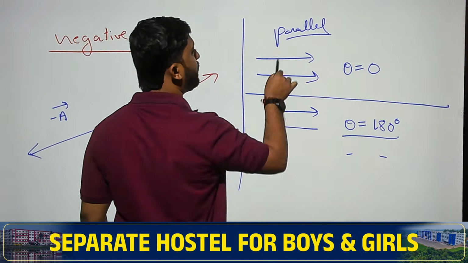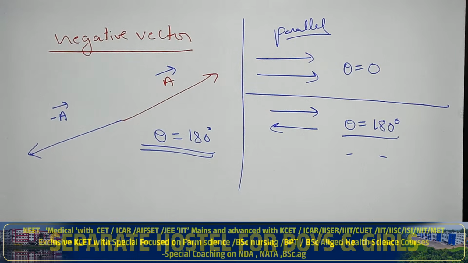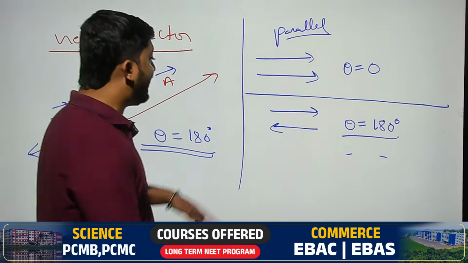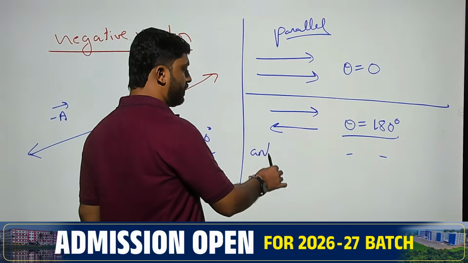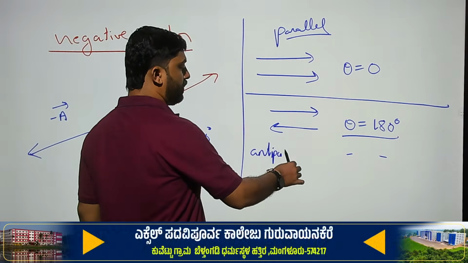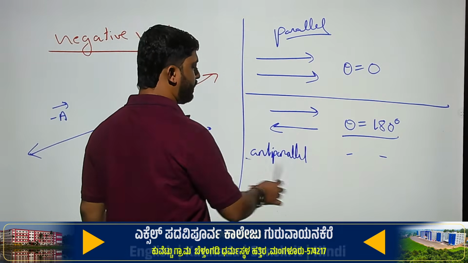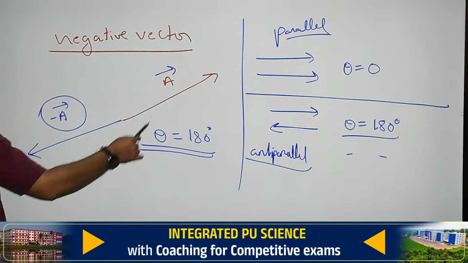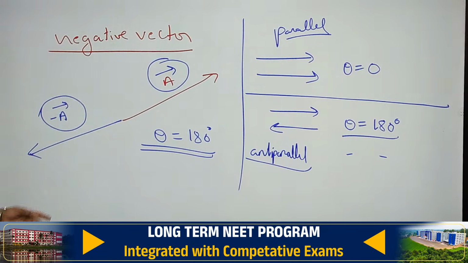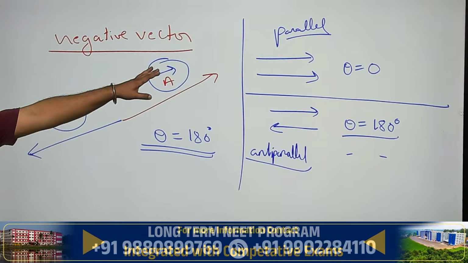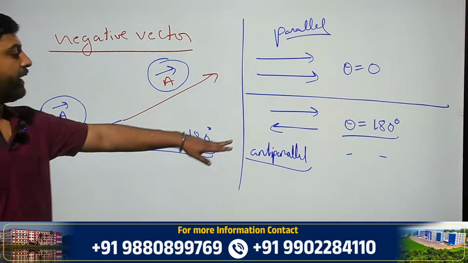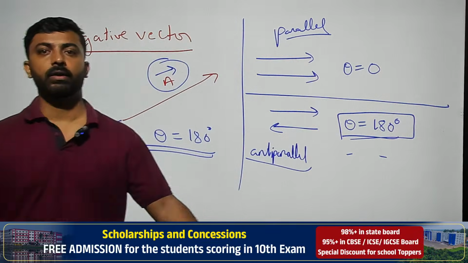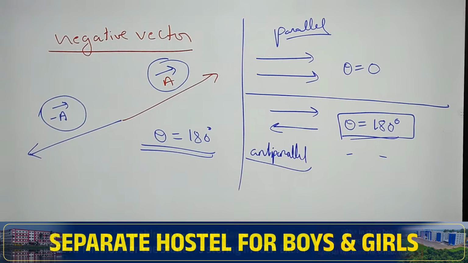The angle is 0. And what is the angle between anti-parallel vectors, or a negative vector and its original vector? Here minus A is the negative vector of A. The angle is 180, and the same thing goes for anti-parallel vectors. This is a common question.